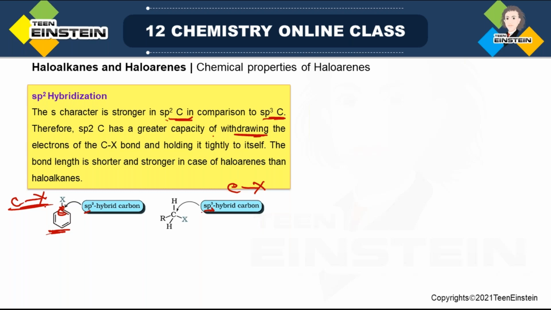When it is shorter, obviously it will be stronger. When bond length is high, you can easily break this bond because the bond strength is less. So that is another reason for which nucleophilic substitution is not so common in case of haloarenes.